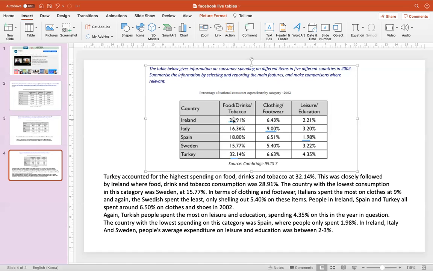For me, the clearest way is to talk about each thing one by one. Otherwise, you get confused and mixed up. It's difficult to follow. And then you choose the data you're going to talk about: high, low, medium. For me, it's usually best to go high, then low, and then medium.